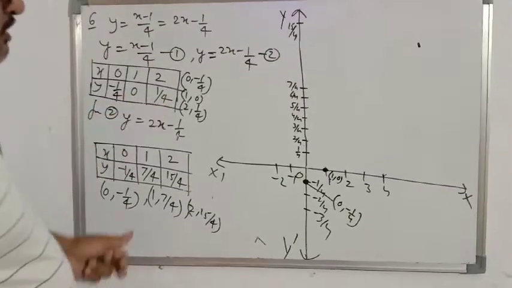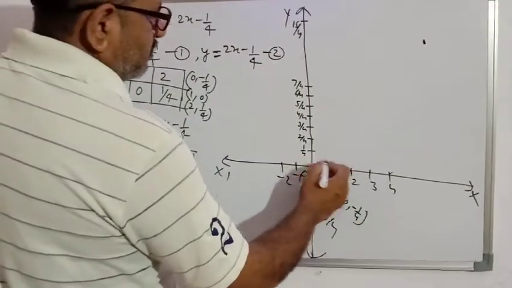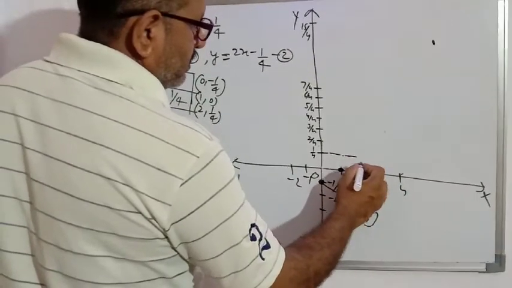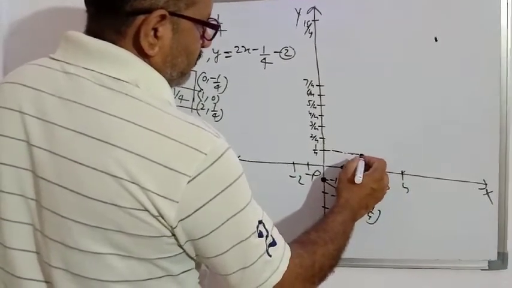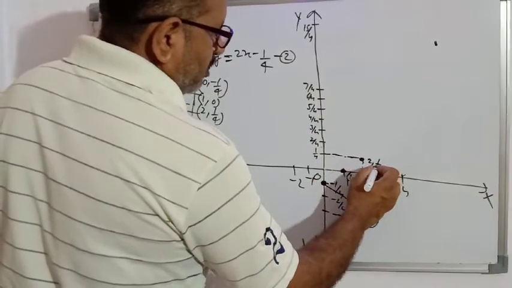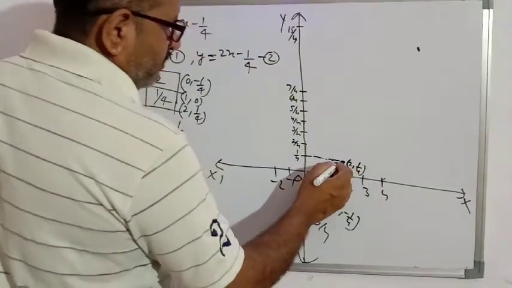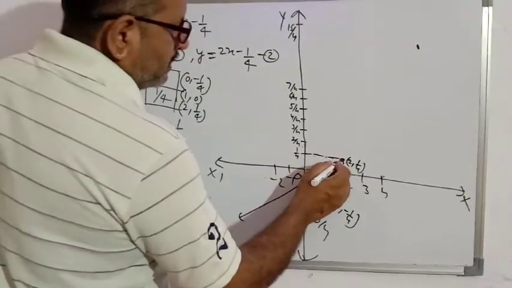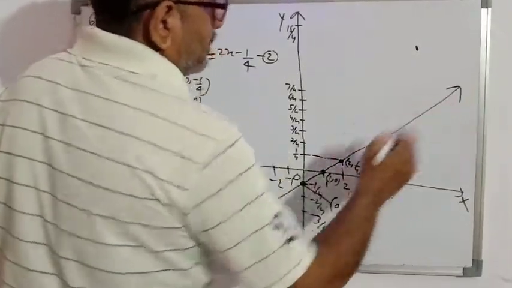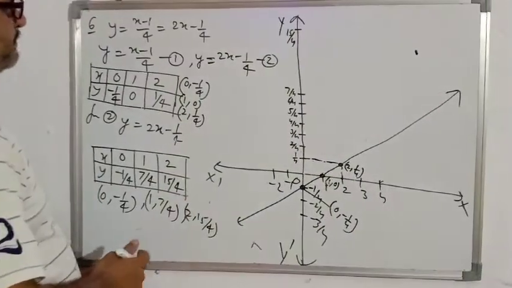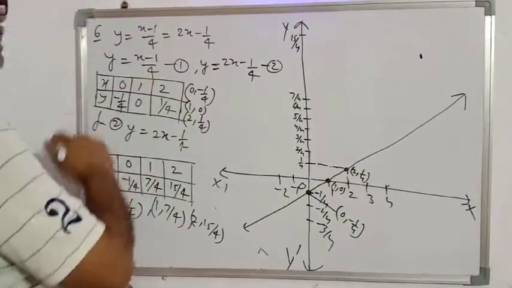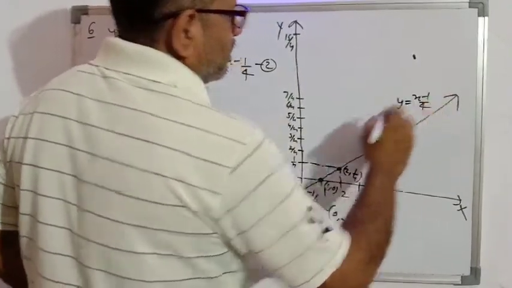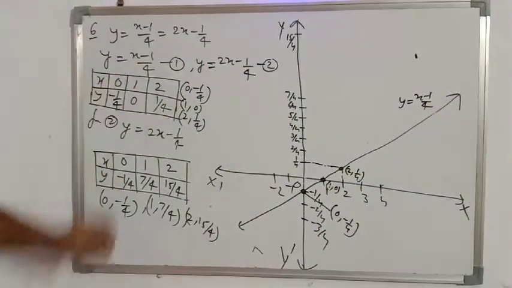X is 2, y is 1 by 4. So this point is 2 comma 1 by 4. Now we have to join it and write the equation. Equation is y is equal to (x minus 1) by 4. This is the graph of the first equation.